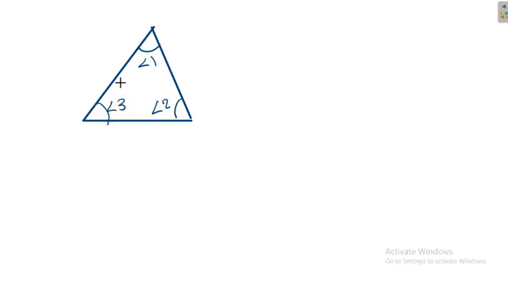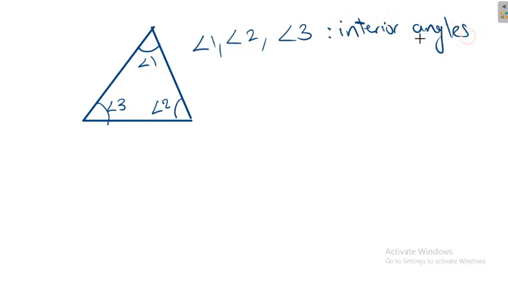And these 3 angles we call interior angles. Each of these angles is called an interior angle. So angle 1, angle 2, angle 3 are interior angles. Why? Because they are inside the triangle.